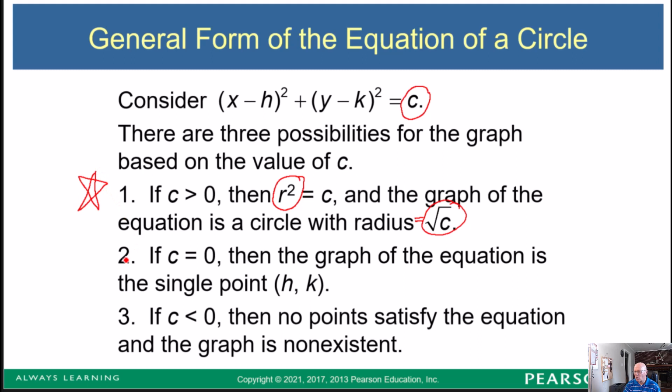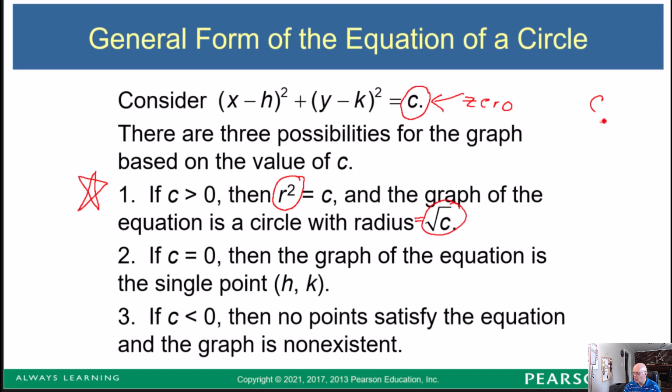The second one is a little strange. It says if C is 0, that means this number out here is 0. What's that mean? It means the radius is 0, so when you start with the center, you're going out 0, which means you aren't going out at all.